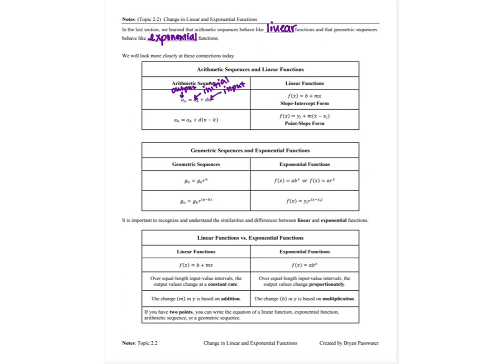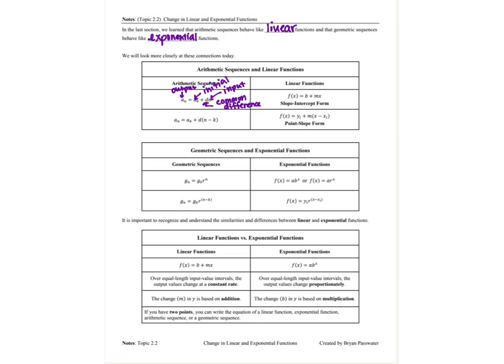What do you think D is? The difference. We call it the common difference. So if we slide over here directly to the right, you see old school f of x equals b plus mx, or mx plus b. They wrote it like b plus mx so that you could recognize it as the initial value.